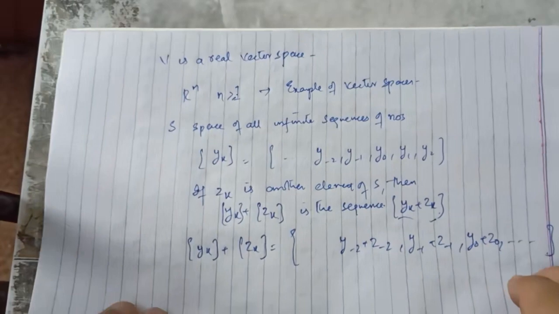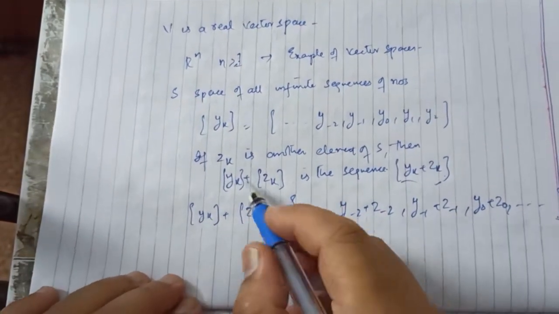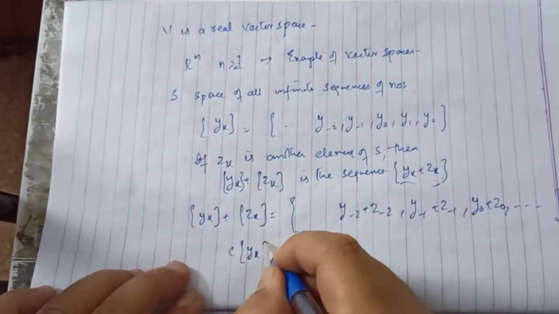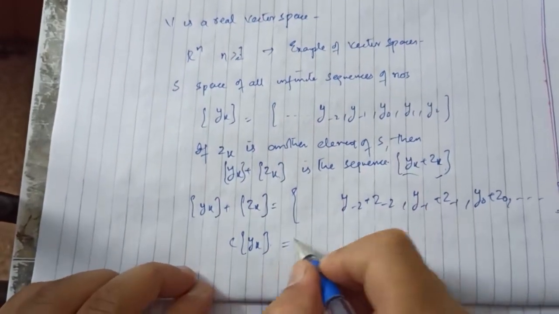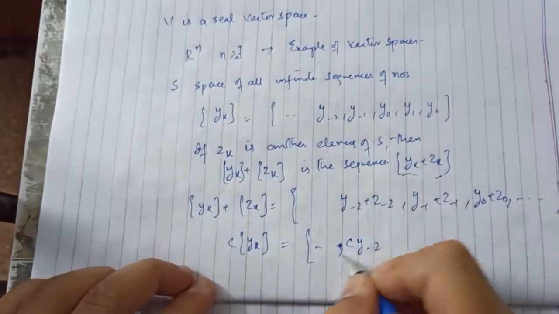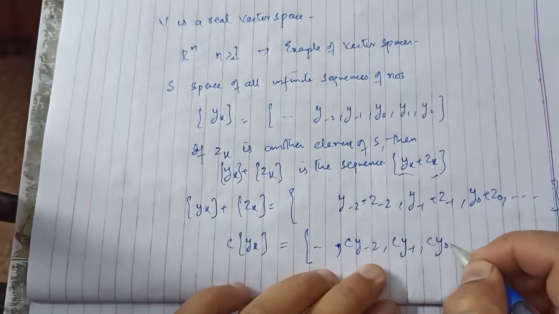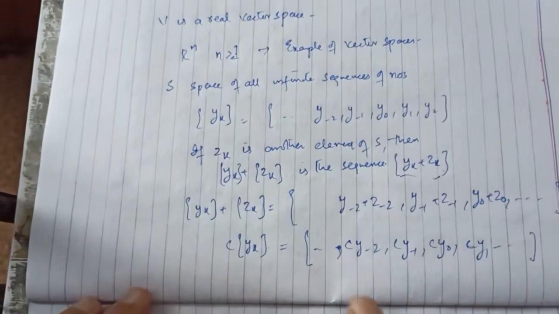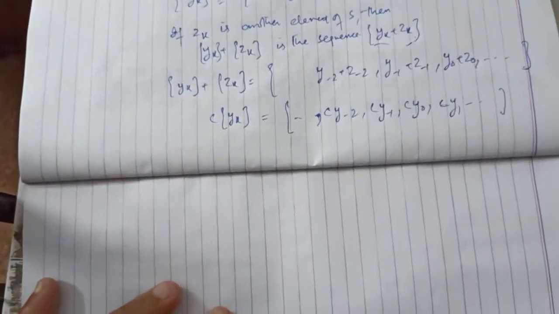Similarly, if you multiply any scalar number c to y of k, the sequence becomes c times y of minus 2, and so on and so forth, using the axioms that we just wrote on the last page.